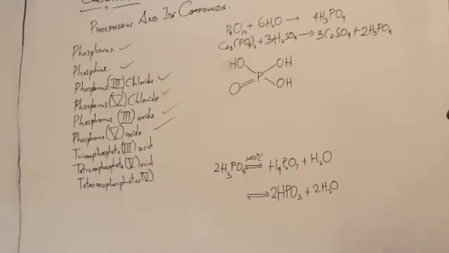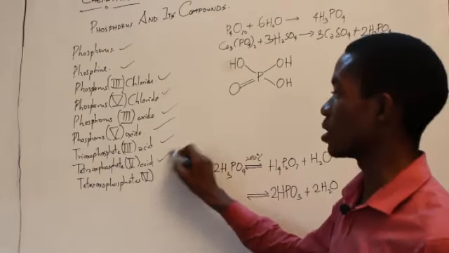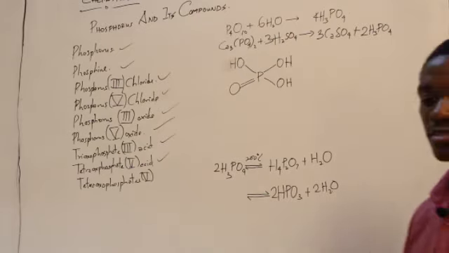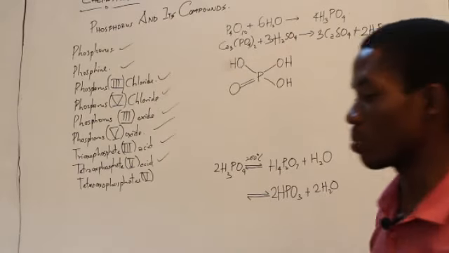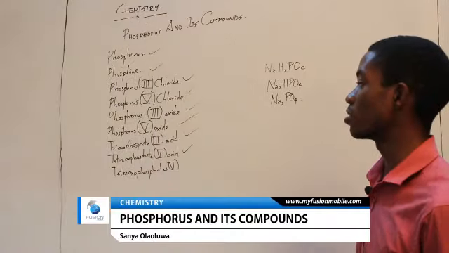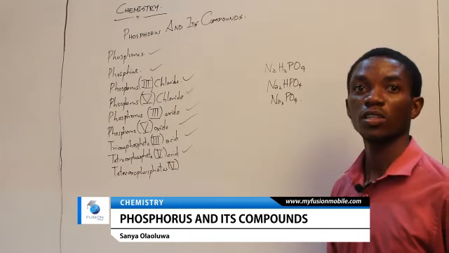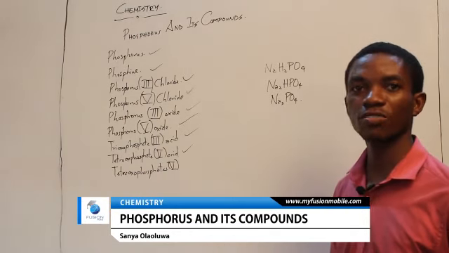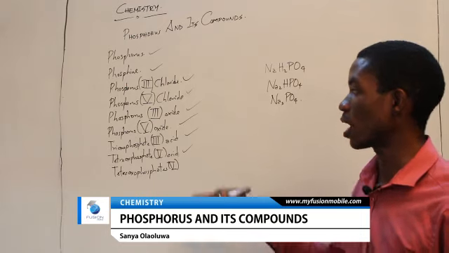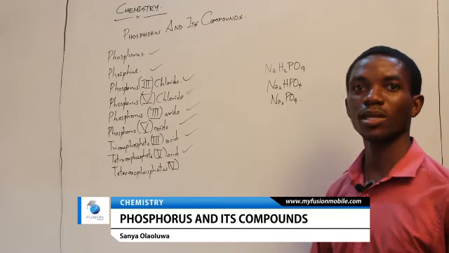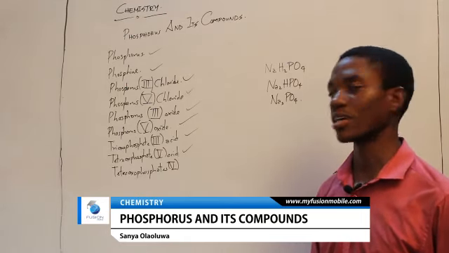All right. Let's take a quick look at the tetraoxophosphate 5s, that's the salts, and we'll wrap it up. The salts of tetraoxophosphate 5 are the salts of the acid that we've been talking about, that's tetraoxophosphate 5 acid.